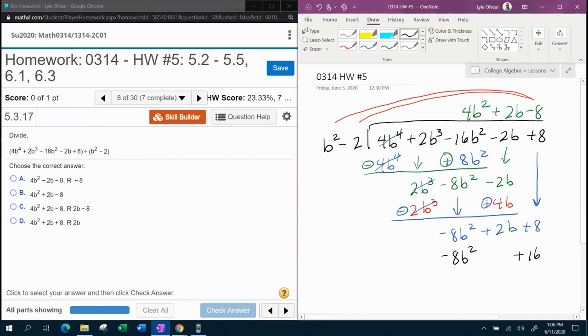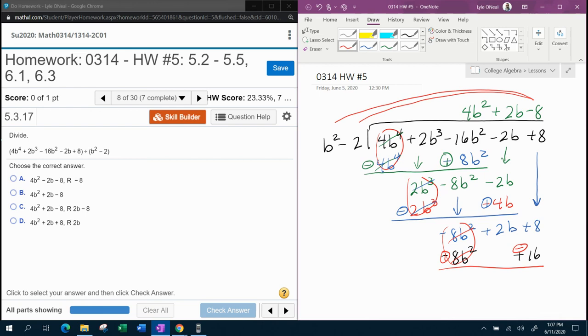Okay? Now, draw the line, change the sign, and then combine. So these cancel. And did you notice that these cancel every time? So if those first two terms ever don't cancel, that's an automatic red flag.